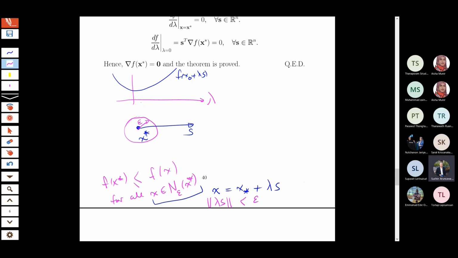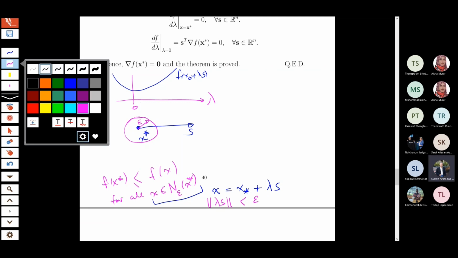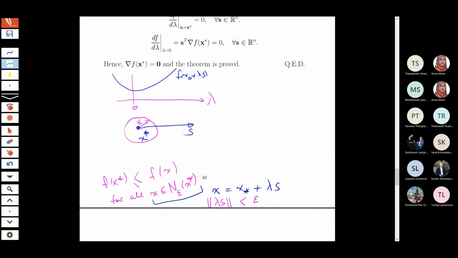It has to look like that. This is where lambda is 0. This shows the slope of the function. Then if we choose another direction, in green color, or let's say any s, then for any s that we choose, the graph must look like this.